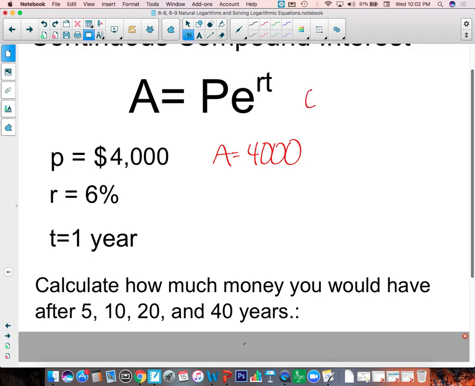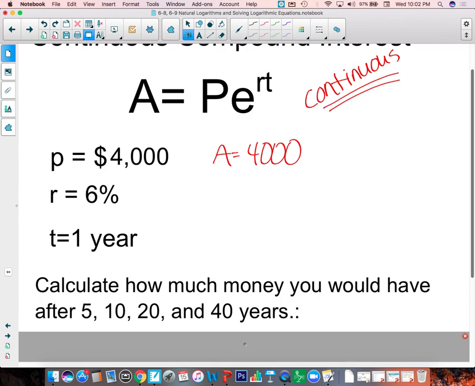That's the word you're looking for here to determine which formula you're going to use. If you see something that says continuous compound interest, before, when we used that other formula with compound interest, it was just like quarterly, monthly, yearly. This doesn't say that, it just says continuous. So whenever you see continuous, that means it's going to be E. It's PERT. Continuous is PERT.